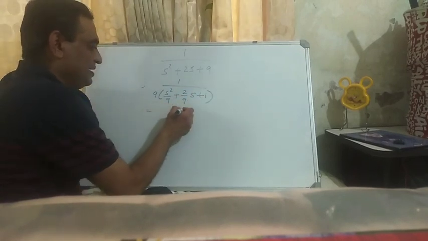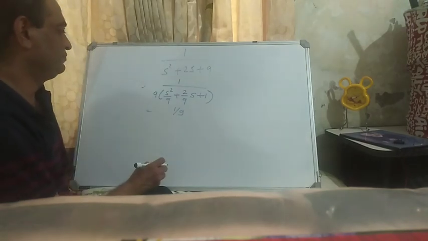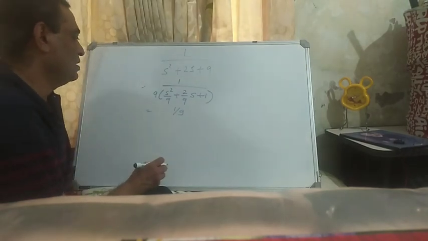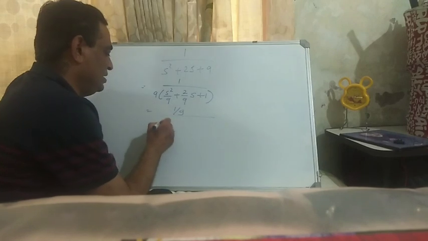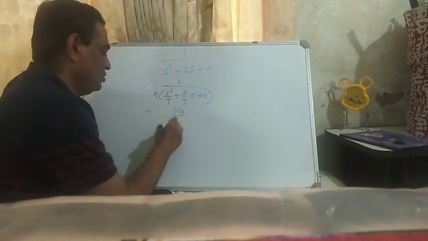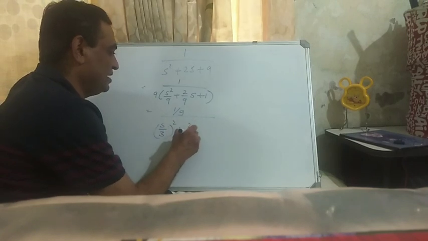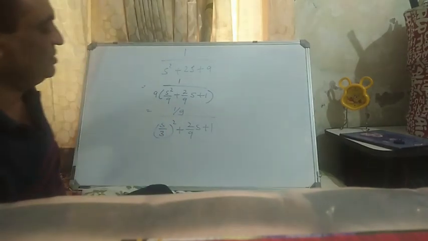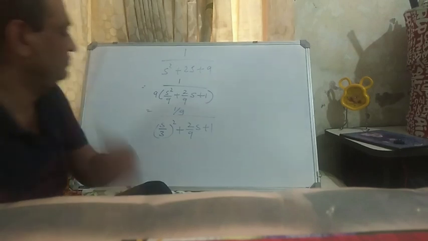So this is 1 by 9 upon s by 3 whole square plus 2 by 9 s plus 1. This is in time constant form.